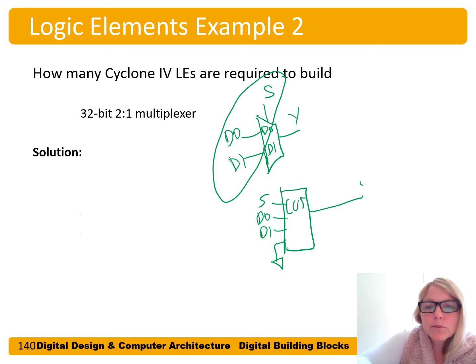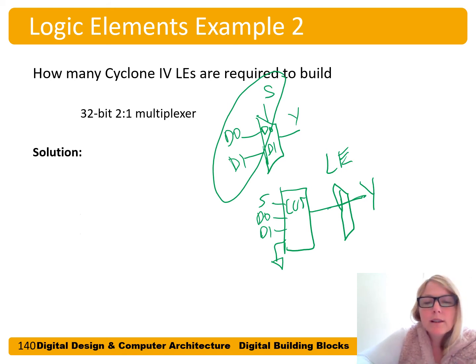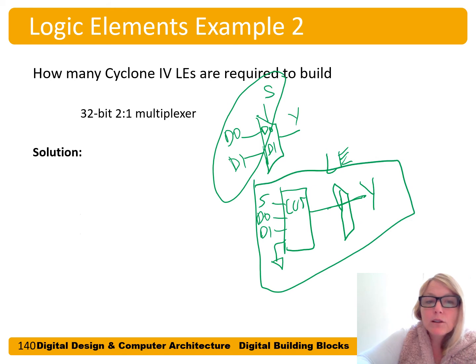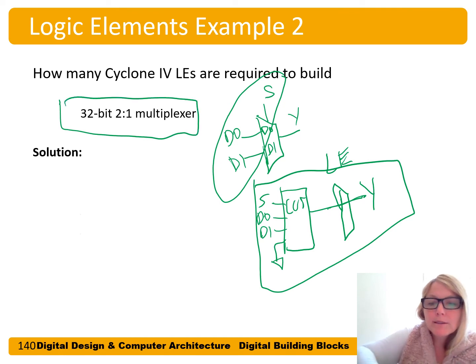So that would produce one of our bits, and that's a single LE, using the combinational output. And we're going to need 32 of those. So we're going to need 32 logic elements to implement a 32-bit 2-to-1 multiplexer.